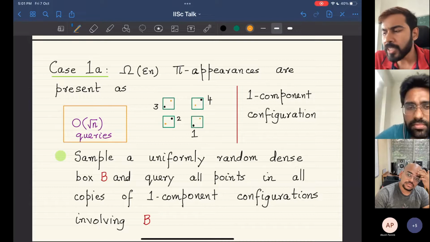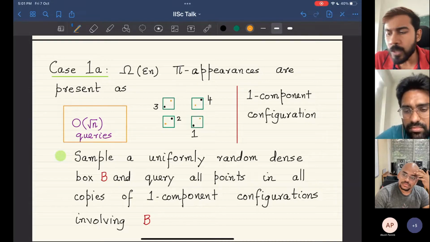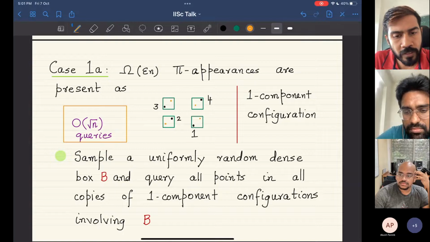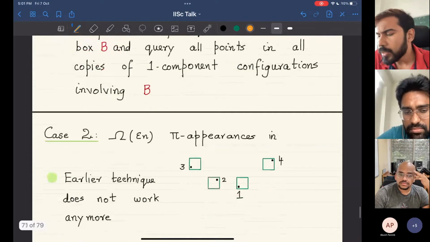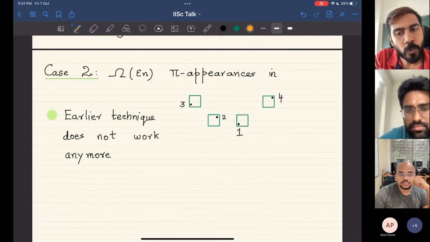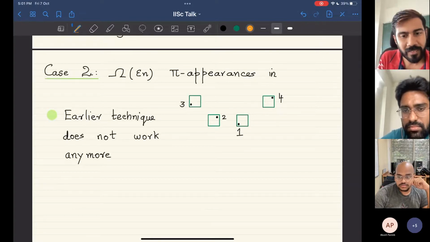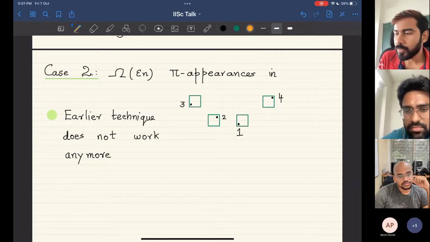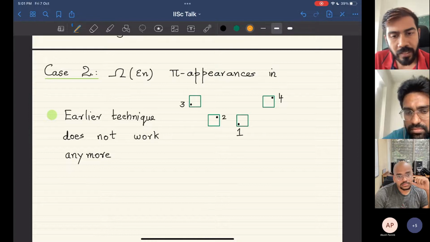Most of the configurations we can deal with using similar averaging arguments, but there are some cases that we cannot, where we have to do some more work. Actually, maybe I don't have time to go into details of that.